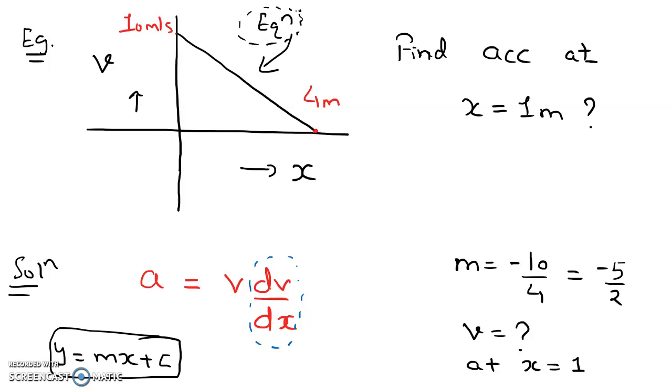Let's do it in a separate paper. Y is velocity, m is negative 10 over 4, x is x, and c is intercept, which was 10. So thereby I got the equation of that line.